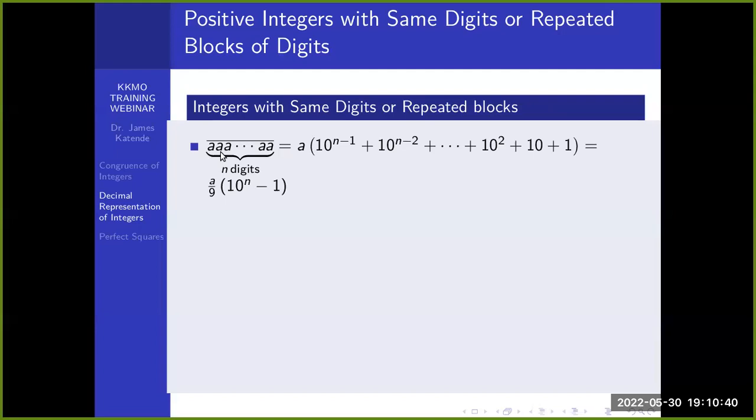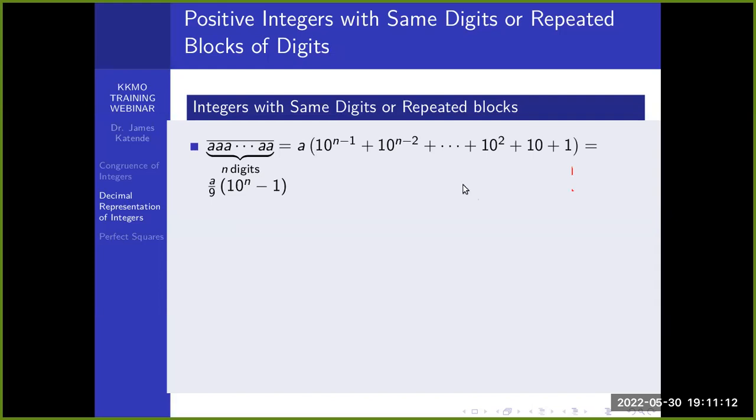Now, any such number can be written in this form: a multiplied by 10. Let's work with a small one. For instance, if you have 222, you can write this as 2 multiplied by 111. Now what is in the brackets, you can write out as 10 squared plus 10 plus 1.